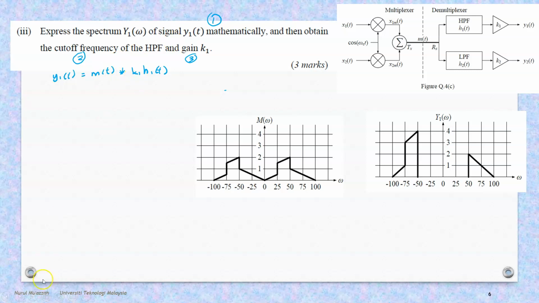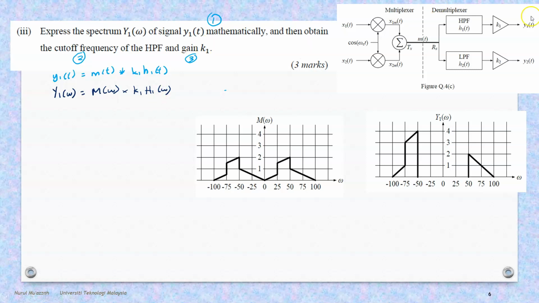This is in the time domain, but we need it in terms of spectrum Y1(ω). So we Fourier transform the whole equation, which gives M(ω) multiplied by K1 H1(ω).